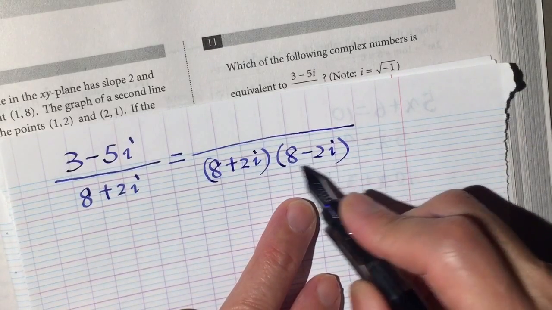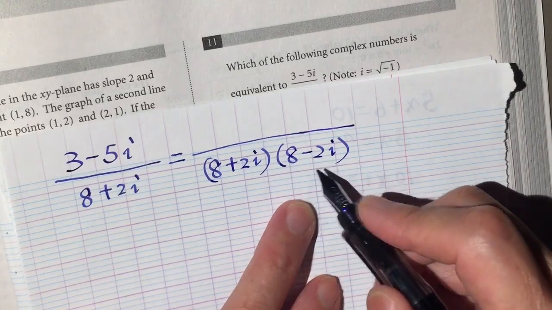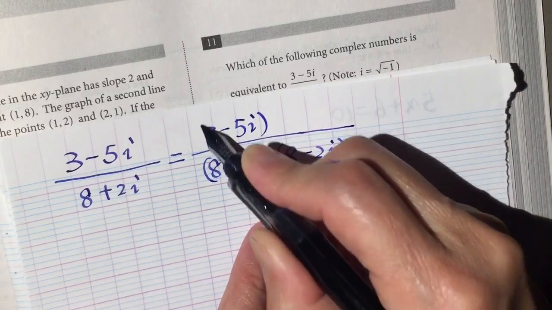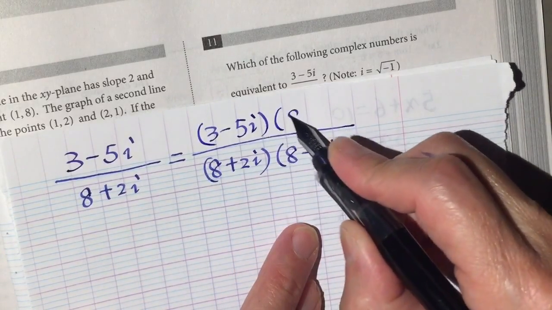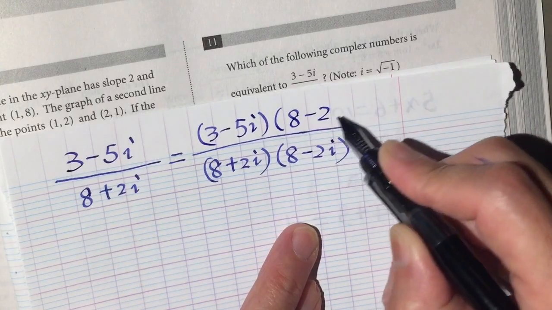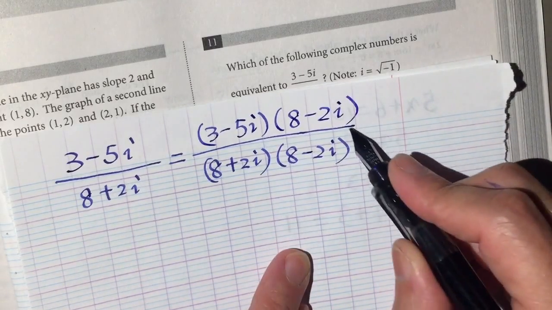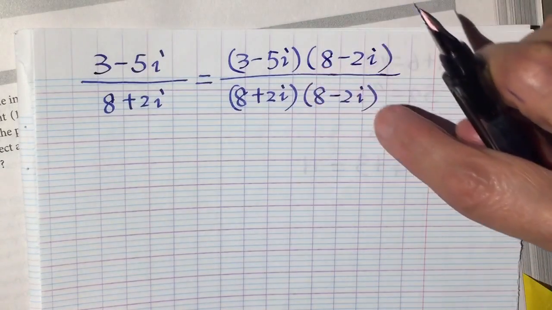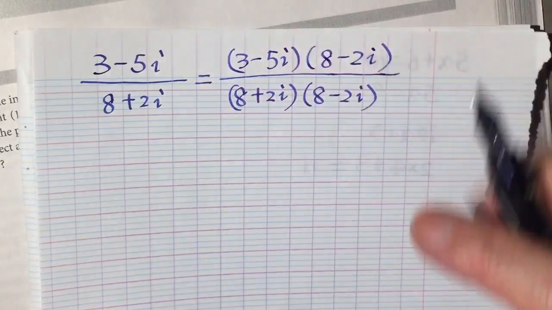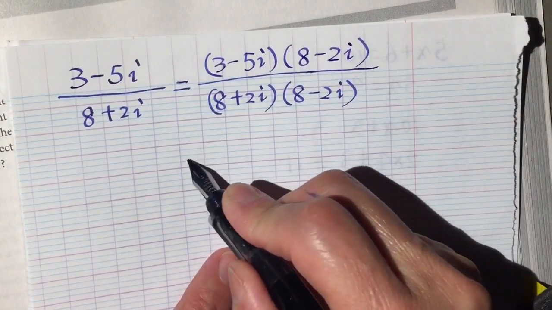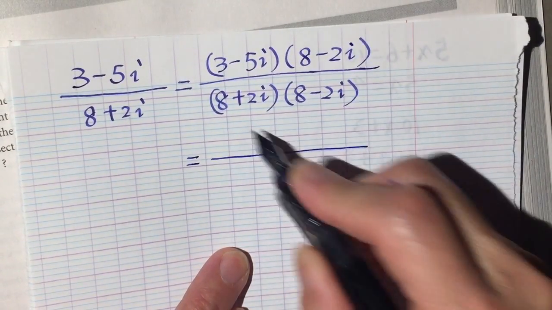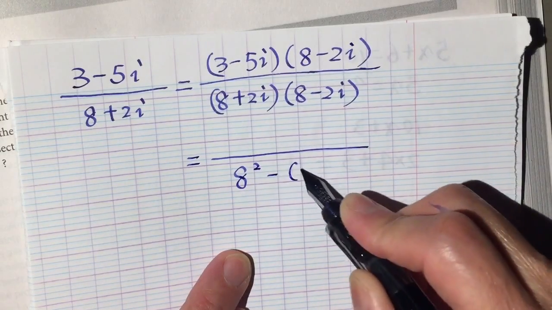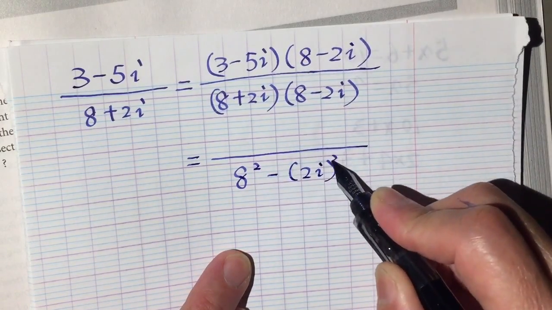So on the bottom, we times 8 minus 2i. The top part, the numerator, we need to times 8 minus 2i equally. So when you cancel out, the equation is still the same equation, right? So 8 squared minus 2i squared.